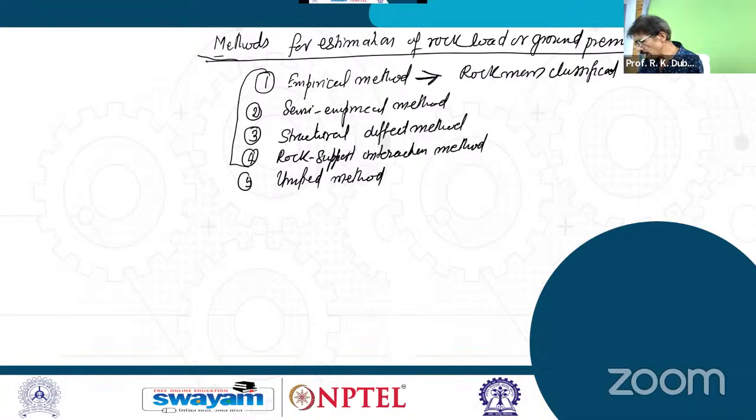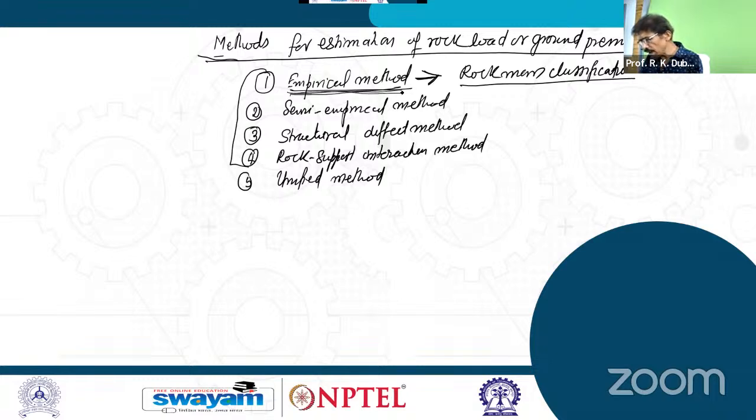As far as the empirical method is concerned, we are utilizing the rock mass classification, which is also known as geomechanical rock mass classification, or geotechnical rock mass classification, or engineering geological rock mass classification. The empirical method is utilized ultimately to assess the response of ground, and as we have already discussed, the formation of detached zone, broken zone, which is responsible for rock load, is based on the response of ground.